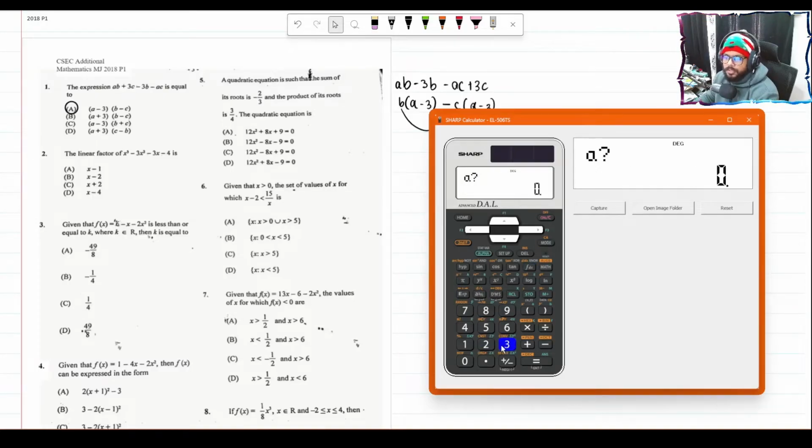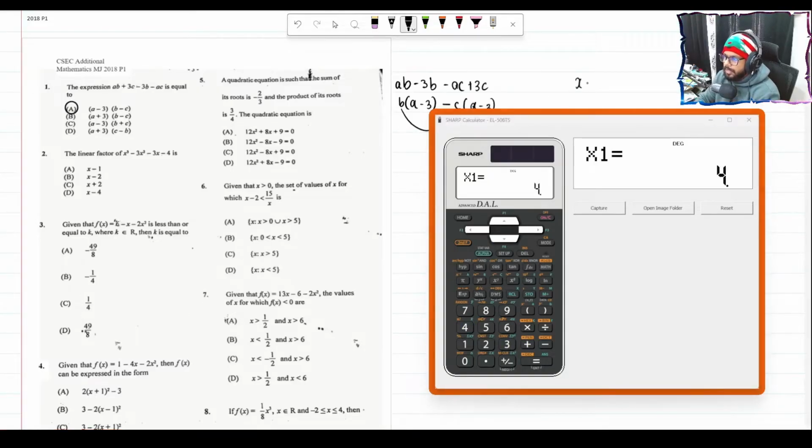Mode 23 is my shortcut for the EL506TS calculators. Mode 23 will give me the polynomial of degree 3 to solve. A is 1, B is minus 3, C is minus 3, and D is minus 4. Bam shot, I have 4 is a solution. If 4 is a solution, then x minus 4 is a factor.